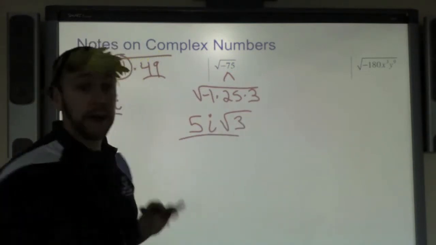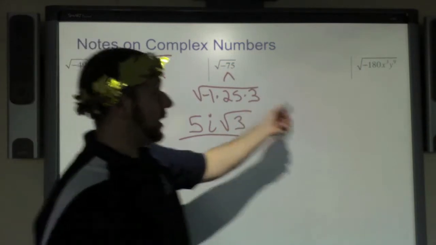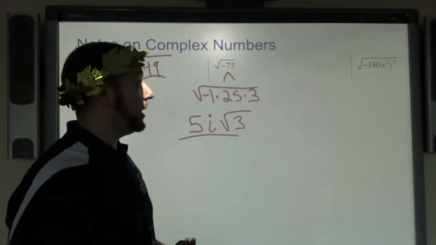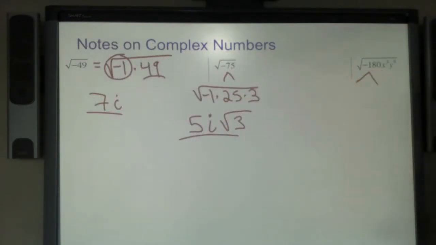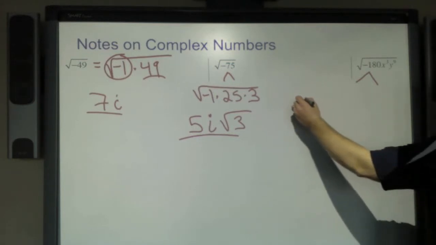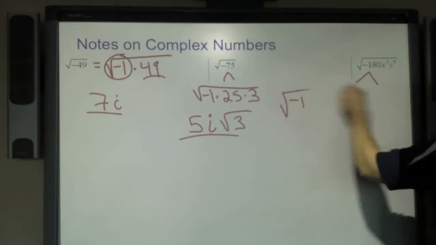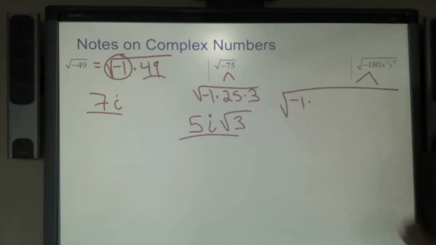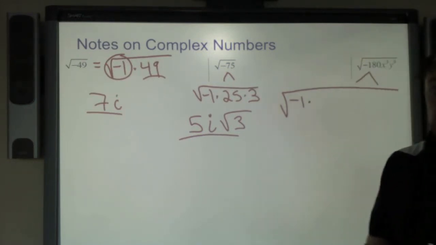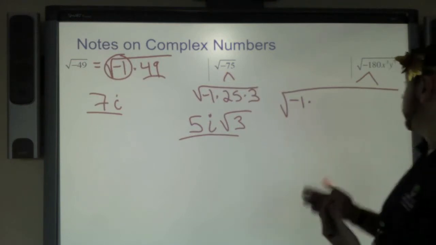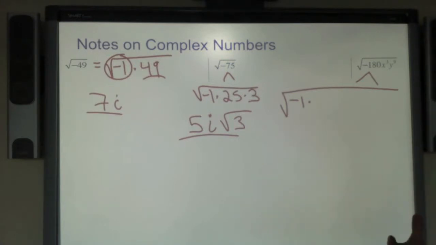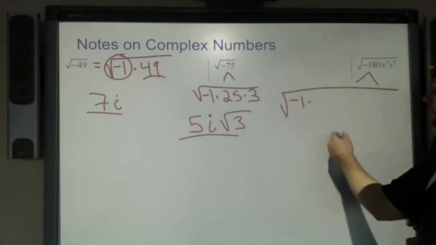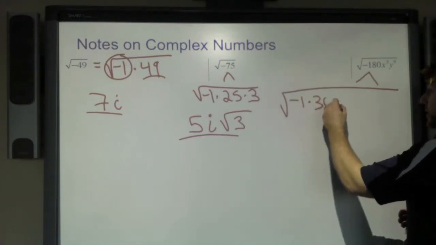In the last problem, I have the square root of -180 x to the third y to the 9th. I have to then break down the -180. So that's a -1 times, and I started asking myself questions. All right, what two numbers multiply to 180? All right, so I'm going to say 2 and 90, 3 and 60. None of those have square roots. And I keep going until I get a perfect square. And what happens is I can get 36 times 5, as long as I write down the factor tree.